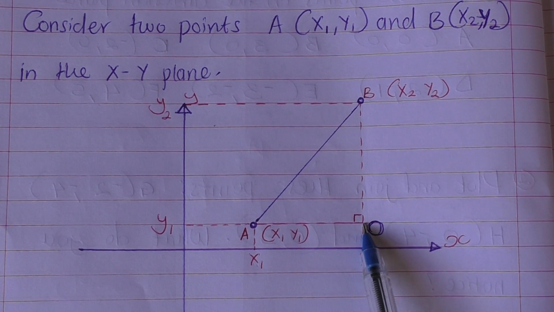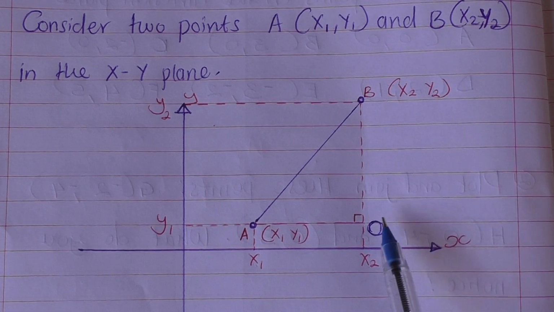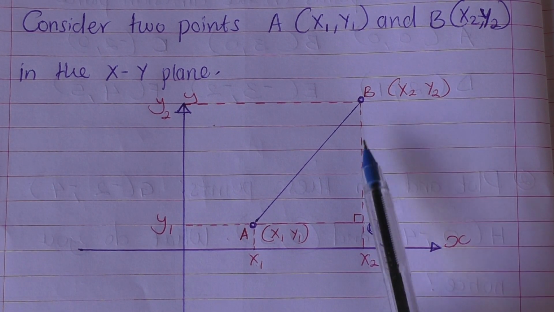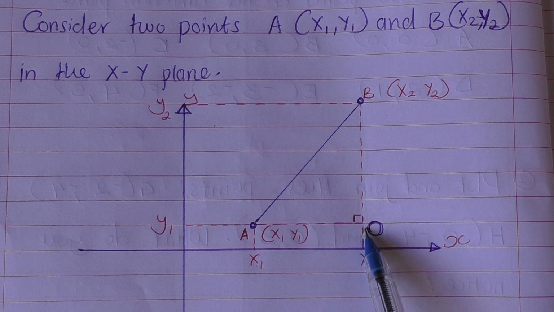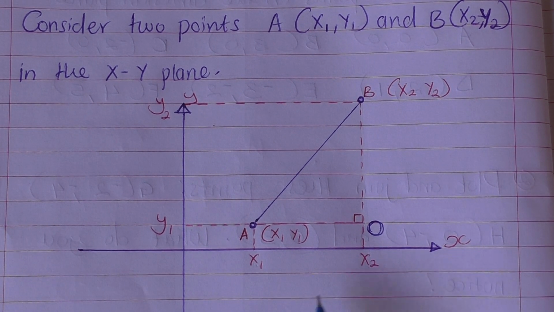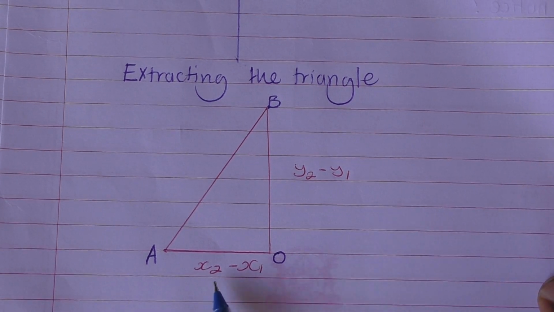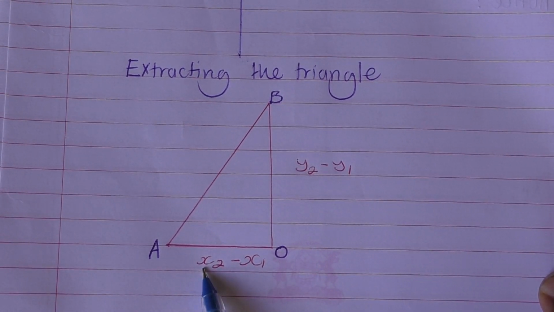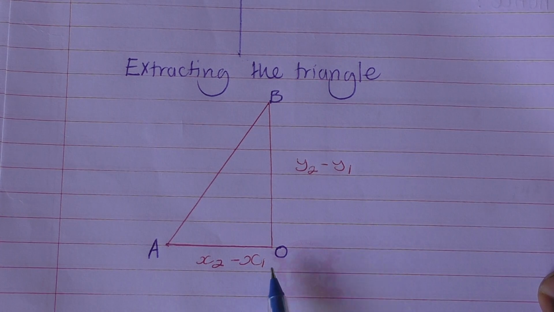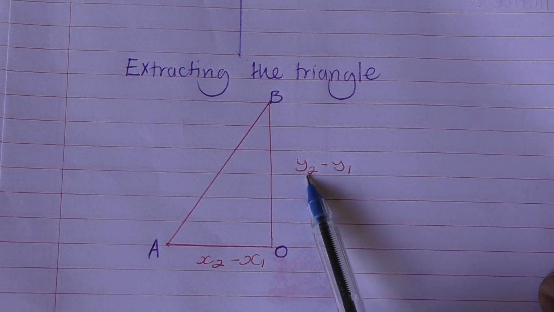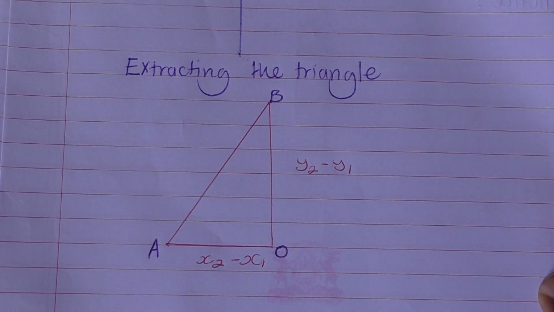This will be y1, this is y2, so the height becomes y2 minus y1, meaning that we shall extract a right angled triangle with the base as x2 minus x1 and the height as y2 minus y1.